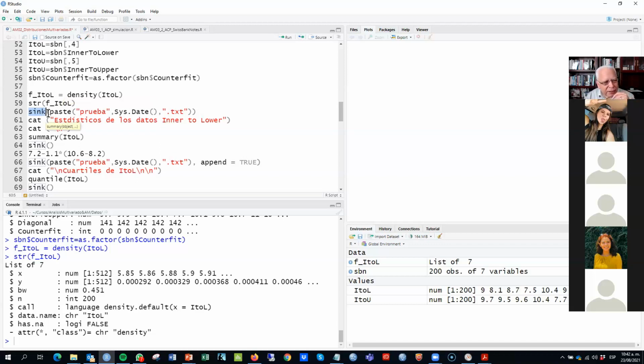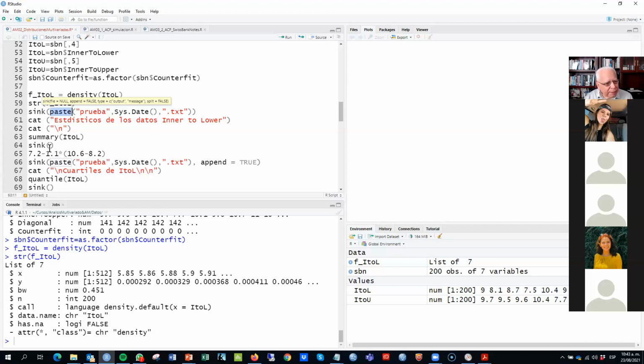So I can name the file, and in this case I'm going to put this information in a file called prueba, using the function paste that we already saw: prueba, then I add the date, and I end with a .txt. So I'm writing a text file, and I'm setting the name of the file to include today's date, so that if I do this process other times, I will have the file name with the date.